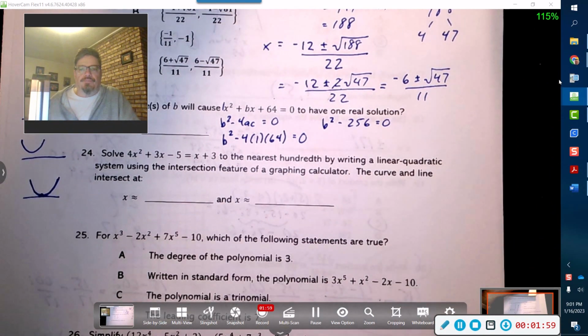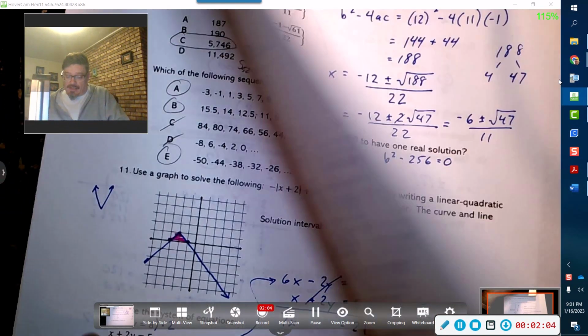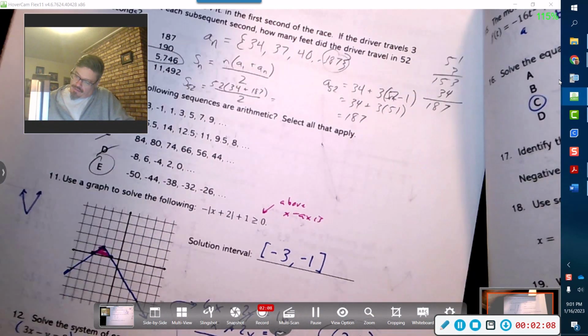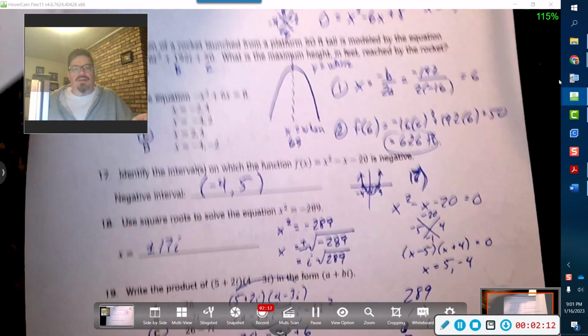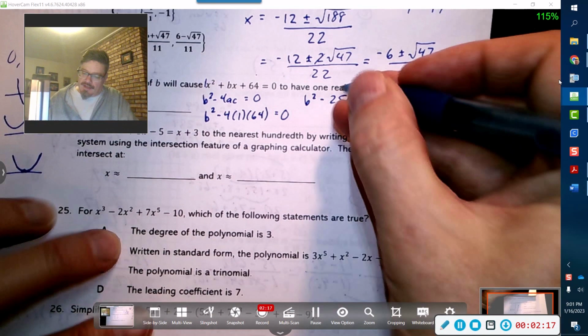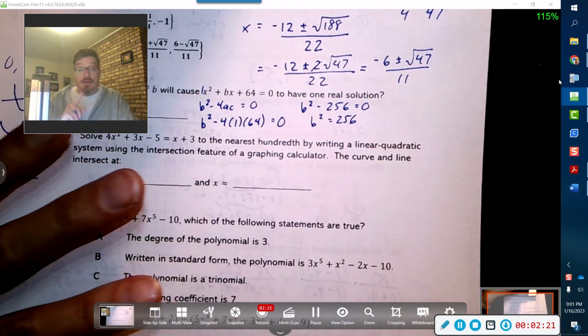Now I am solving this because all I got to do is move 256 over to the other side, and it becomes positive, so I don't have to worry about i's.